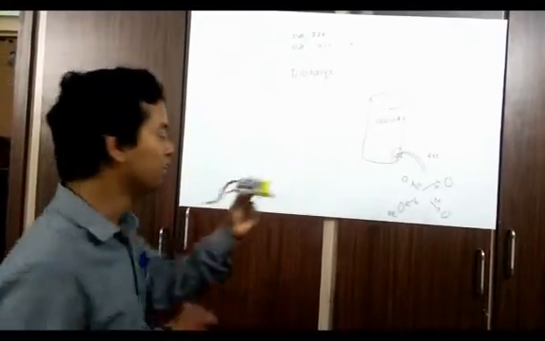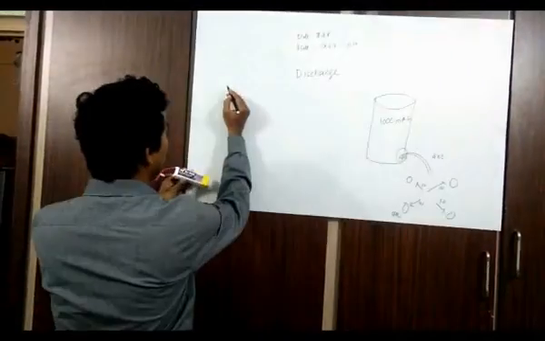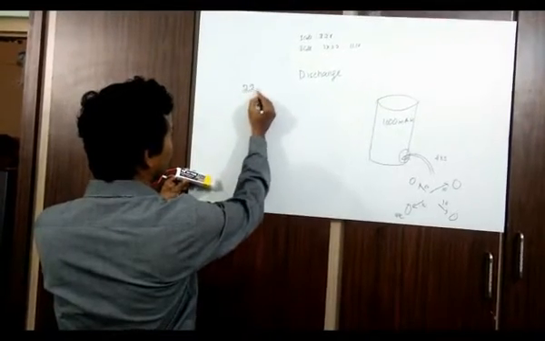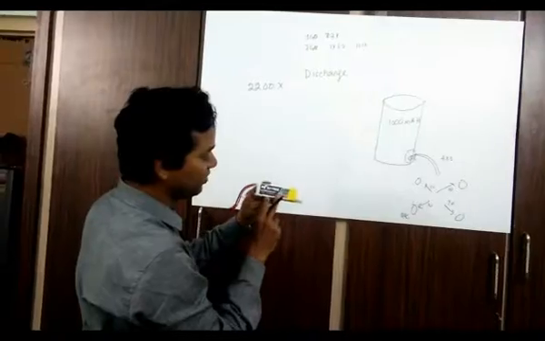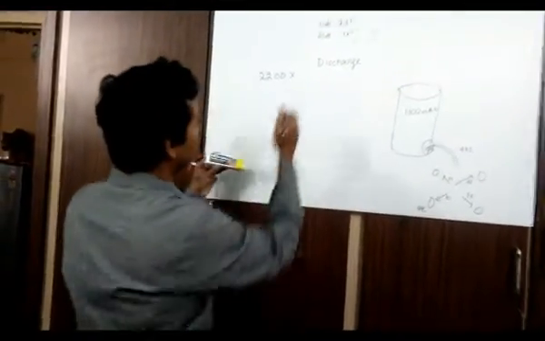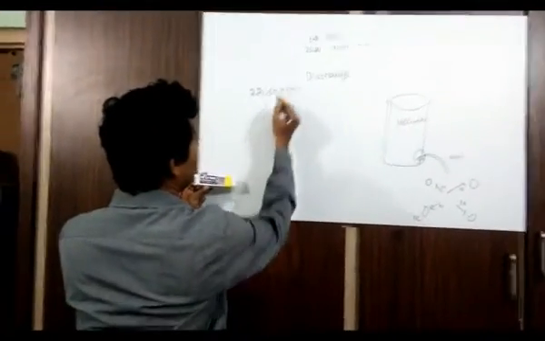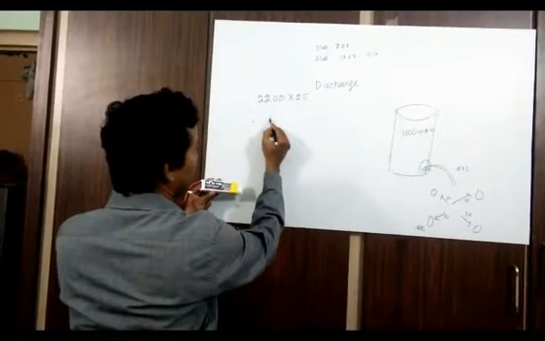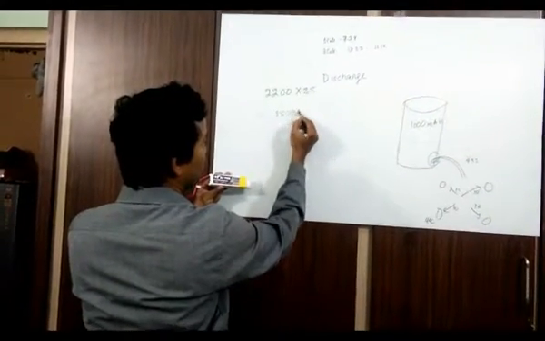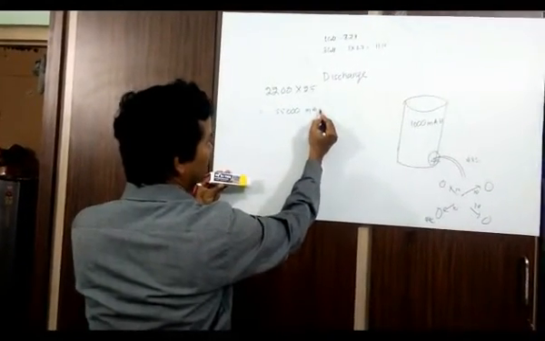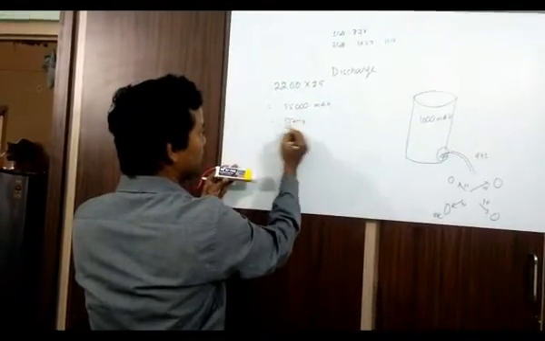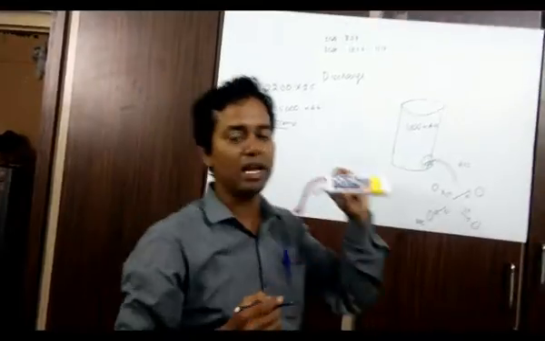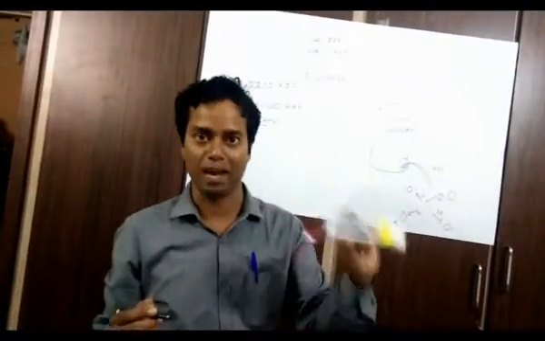The calculation is very simple. We have 2200 milliamp hour, and it contains 25C, very clearly mentioned. Into 25, if you multiply, you will get 55000 milliamp. That means it can produce 55 amp maximum. This battery can give a maximum of 55 amp.